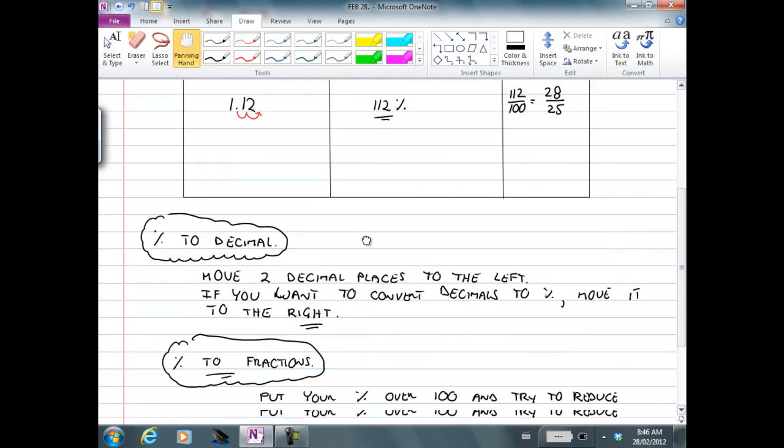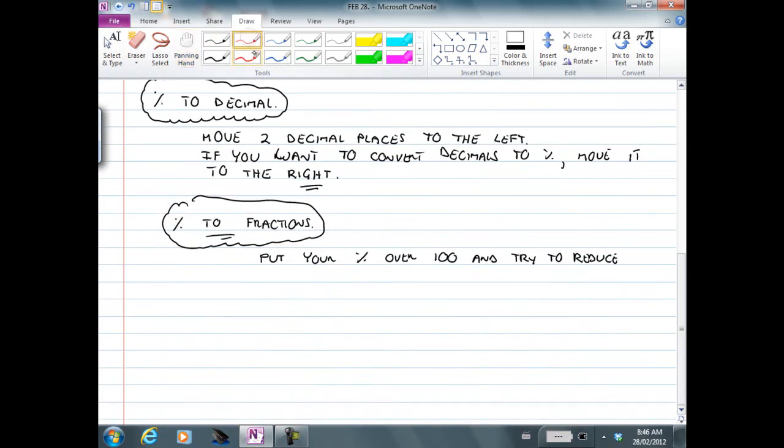Next thing, a few more minor tricks and hints. Star. Your fraction cannot, and this is crucial, have a decimal place, because fractions and decimals don't get along.